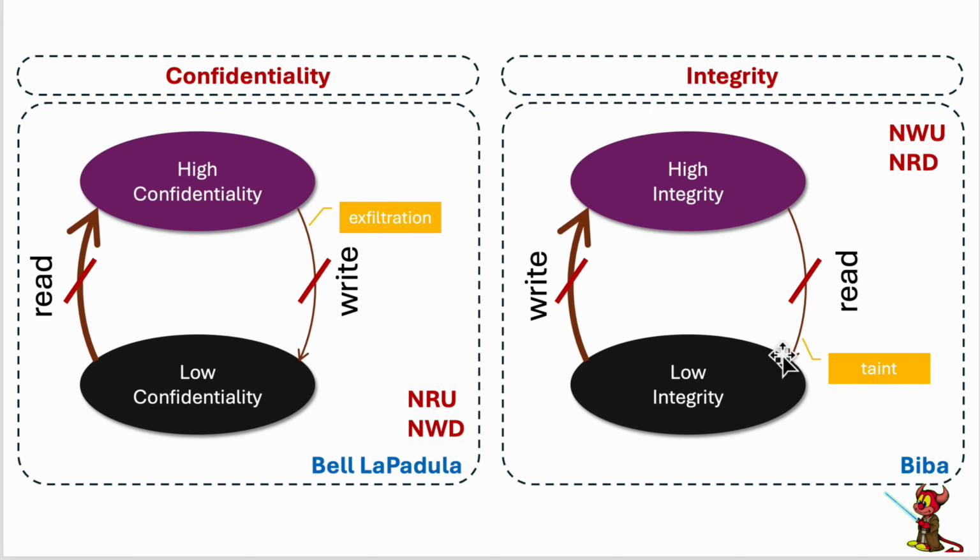And here an attacker would put something as low integrity, and if I have a process that has high integrity clearance and it reads the low integrity file, well, it might taint, and it's a way to break the integrity on this high level. So this is also called the Biba model, and it's NWU NRD, meaning not write up, as you can see in this arrow, not read down.